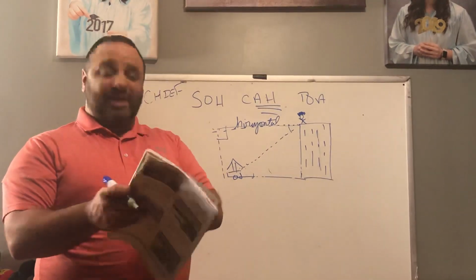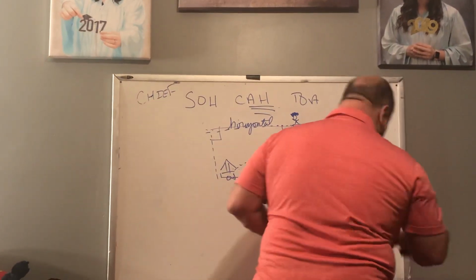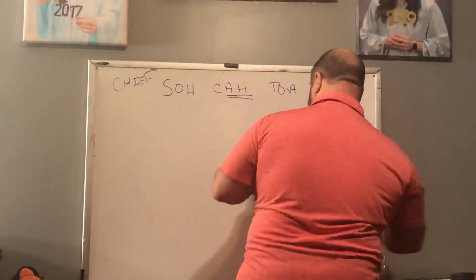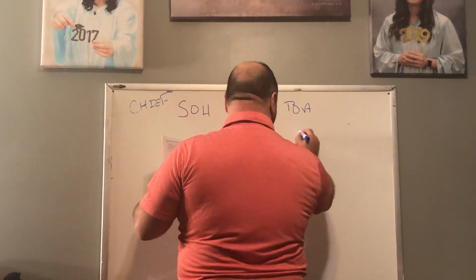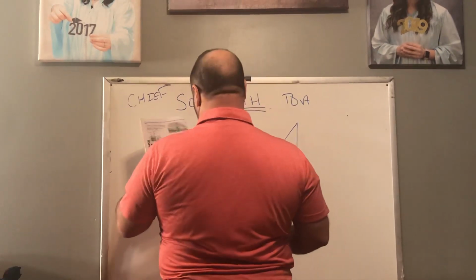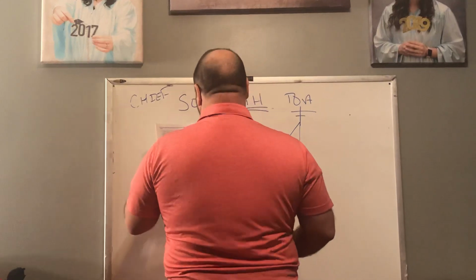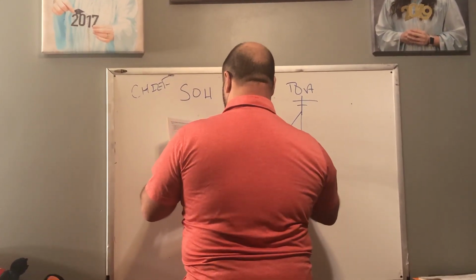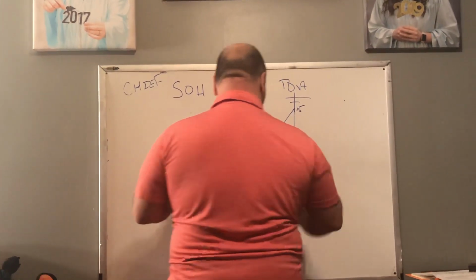Let's do a couple of these. Let's look at page 39 together. Okay, so let's erase this. We have number one, a telephone pole that extends up. Let's read it.